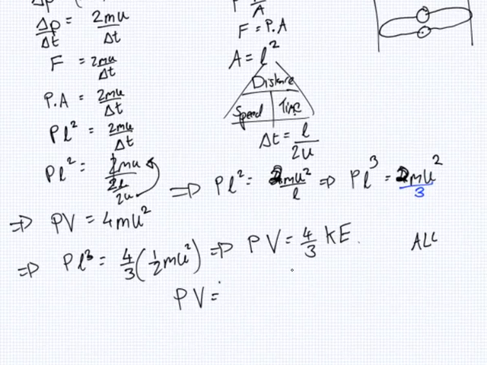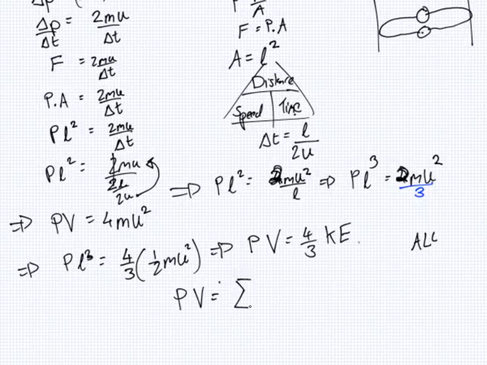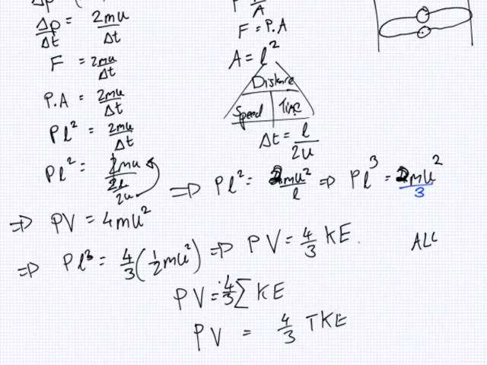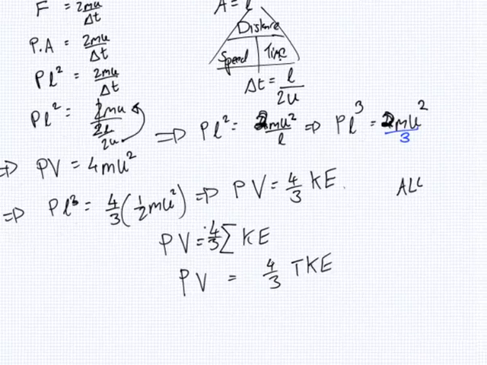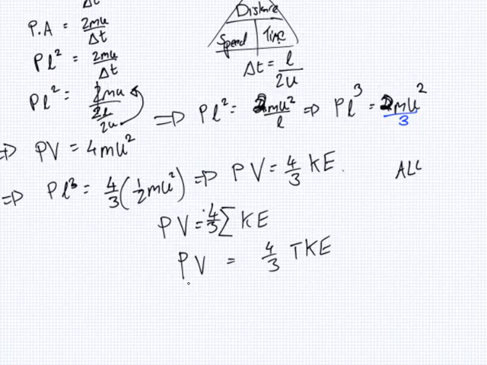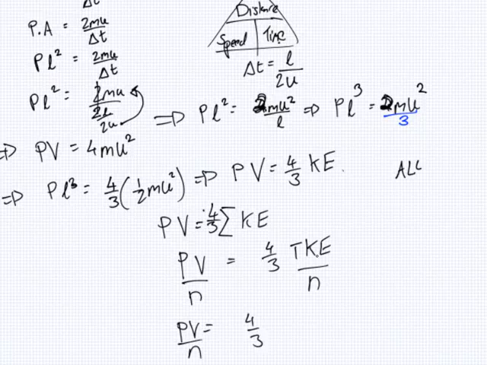That's only for one particle. For the whole thing, I'd have to add the kinetic energy up for all of them. So really, PV is 4/3 times total kinetic energy. Yeah? If I divide both sides by n, the number of particles that I have, then I get PV over n equals 4/3, and then what's total kinetic energy divided by n?